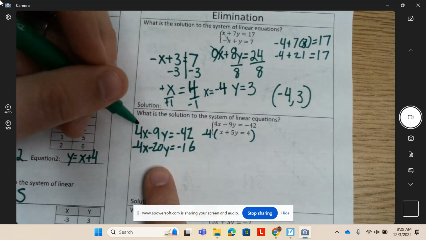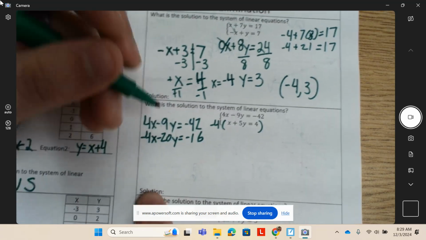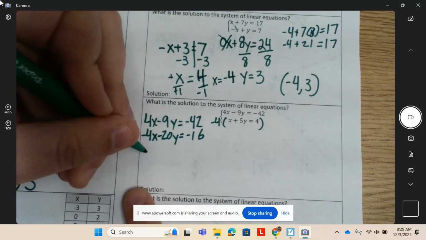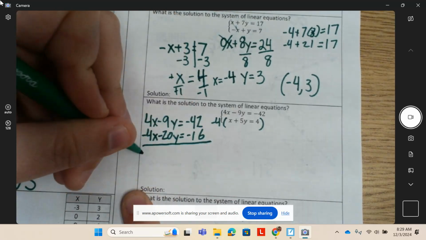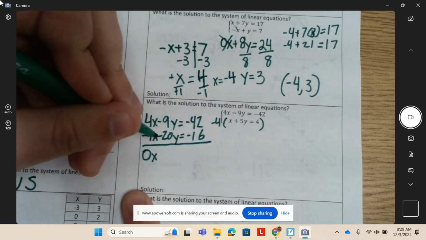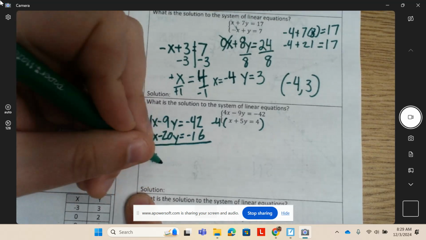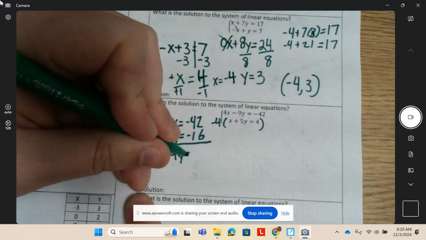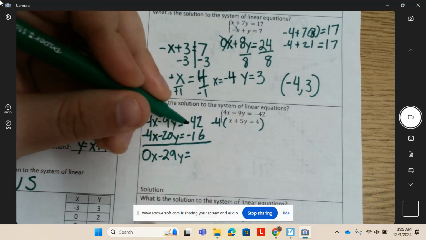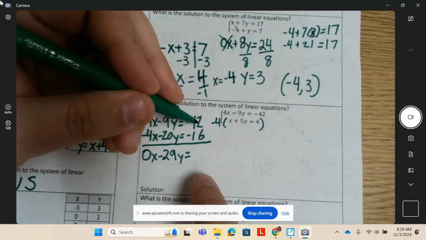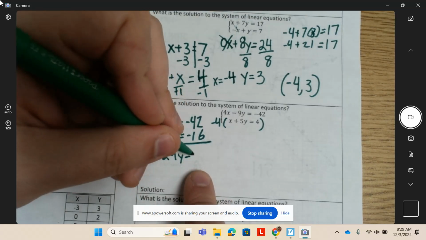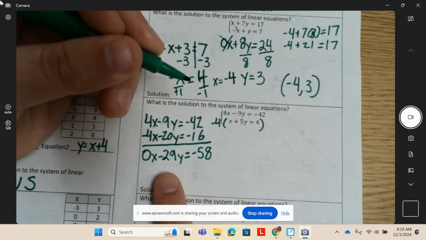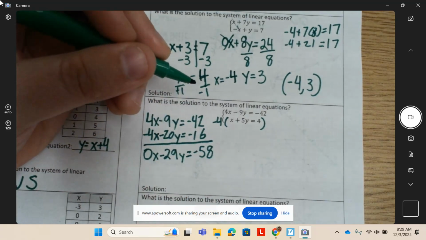Now I'm going to combine these two equations. 4x minus 4x leaves me with 0 x's. Negative 20 and a negative 9 gives me a negative 29y. And negative 42 minus 16 gives me a negative 58, which is hopefully just double of that, but we'll see.